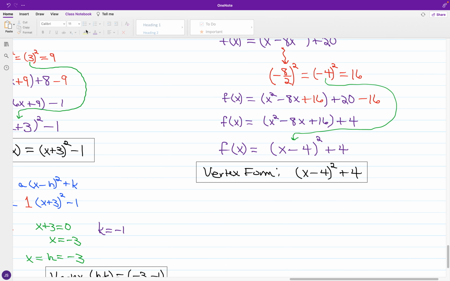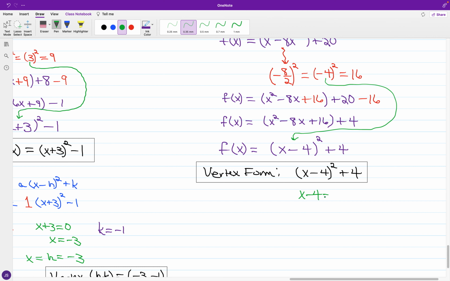Looking at what we're going to have for the vertex, the h value is the 0 of x minus 4, so x is equal to h is equal to 4. With the k value, that is going to be 4. So h is 4, k is 4, and so for the vertex, that will be (4, 4).